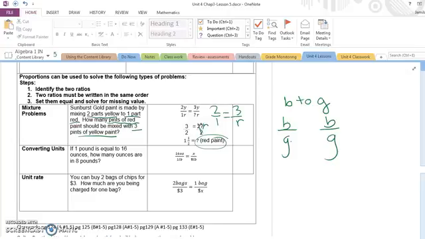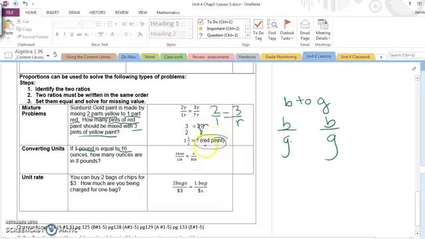So here we have 1 pound is equal to 16 ounces. So I did my ounces on top. You could have done it either way. I just chose to put ounces on top. 16 ounces for 1 pound. So there's my first ratio. I know my ounces on top and my pounds are on bottom. How many ounces? So x on top, because I don't know how many ounces, over 8 pounds.